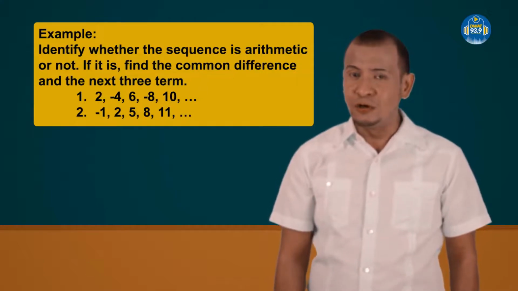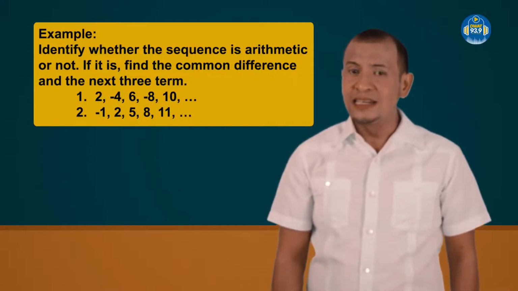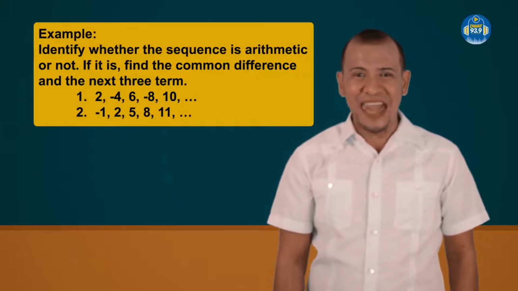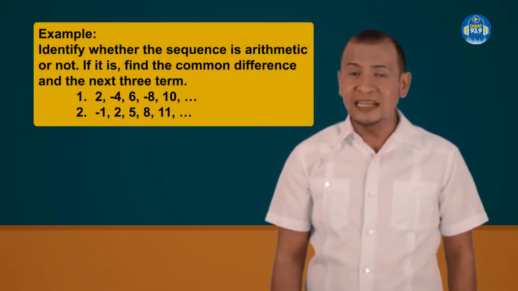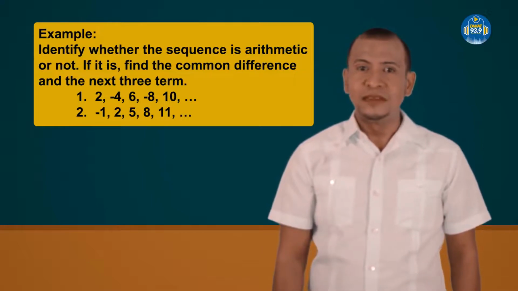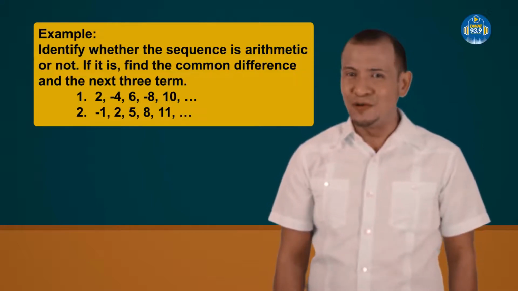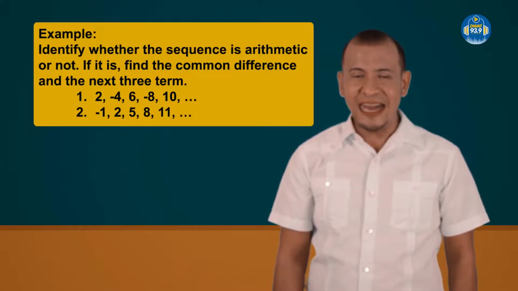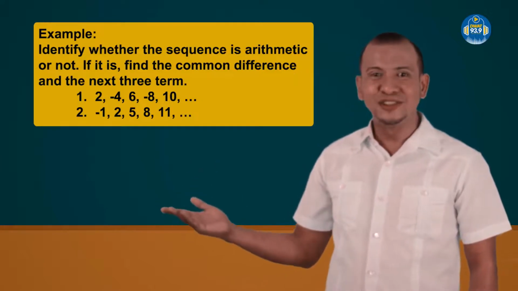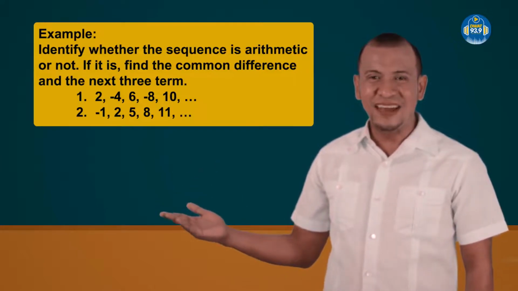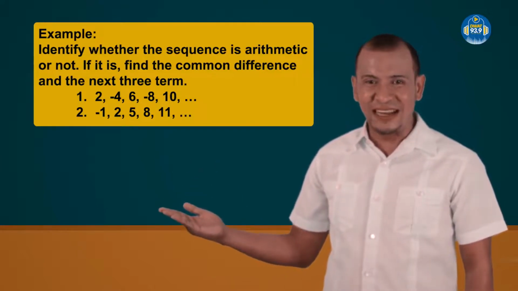And the next sequence is negative 1, 2, 5, 8, 11, and so on.